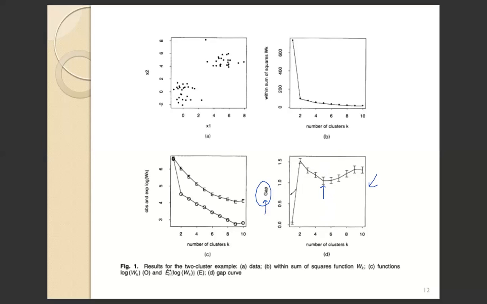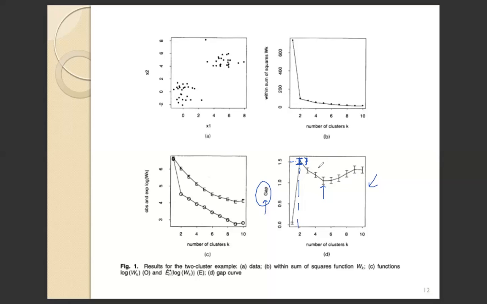You can see your estimated gap statistic is here for K equals 2. Now, I think this may be the confidence interval, not sure, but it's an error band. For K equals 2, the error band around it is over here.